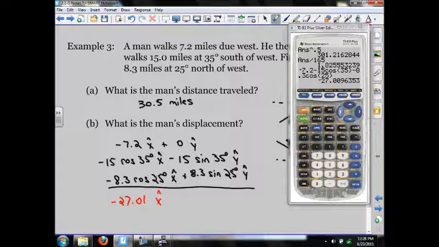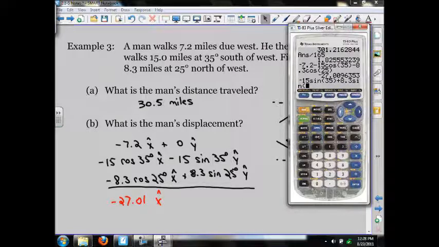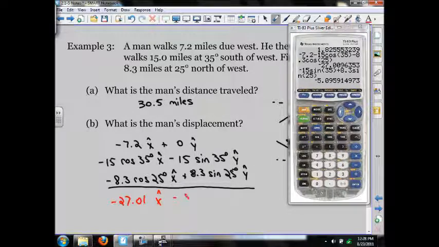If we sum the y hat components, we can find that he is 5.096 miles south of where he started.